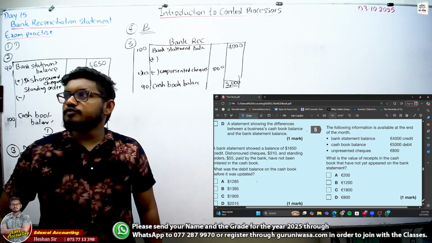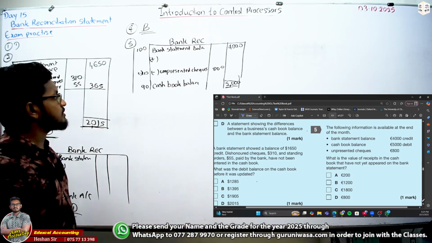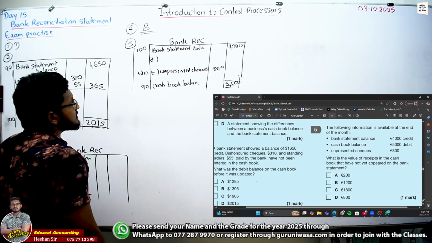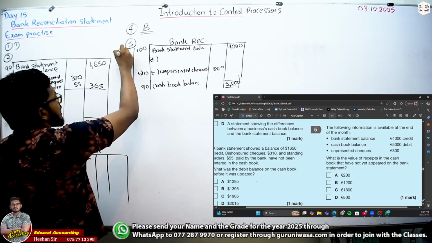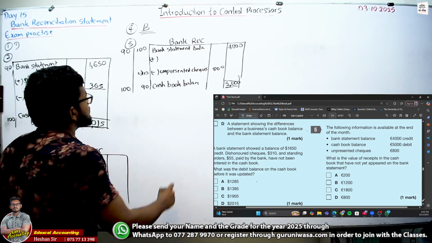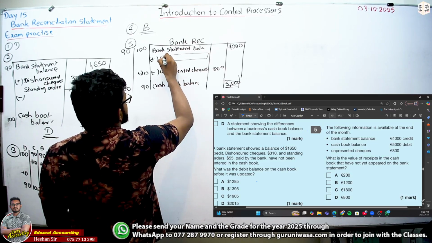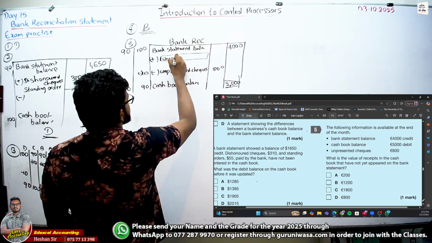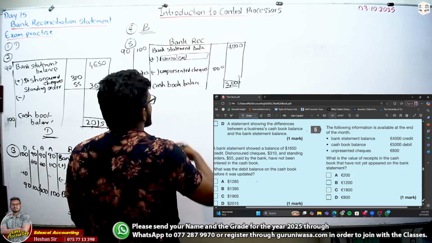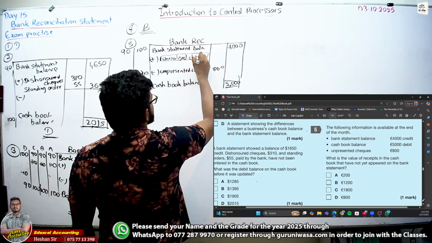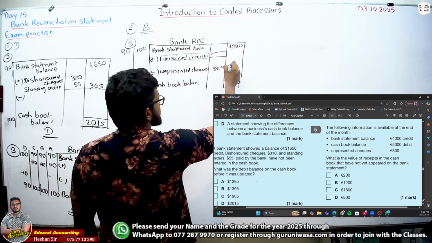What is the value of the receipts in the cash book but not yet appeared in the bank statement? Which means receipts in the cash book, which means we added it here. Here, not added means 90. So it should be plus here, right? Unrealized means a bank lodgement not entered in the bank statement. This should be the value. This is minus, right?